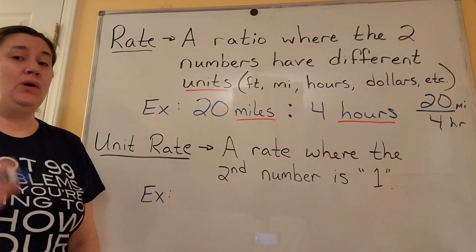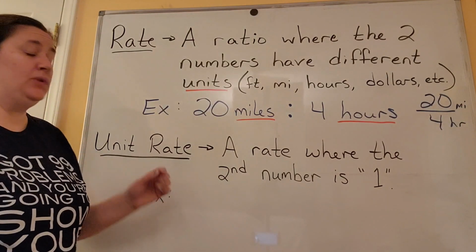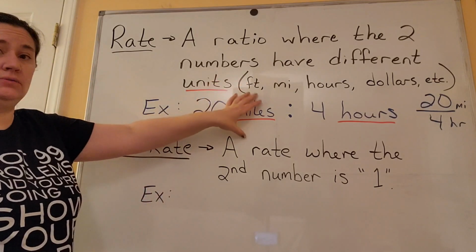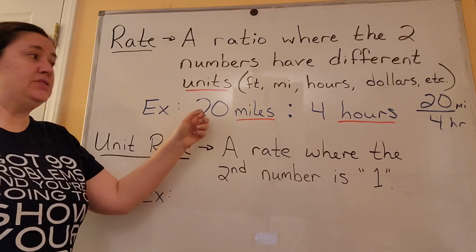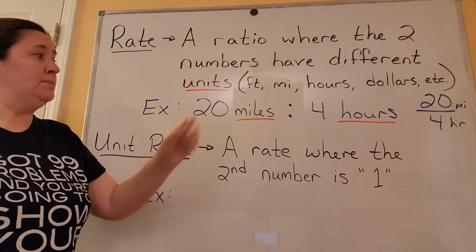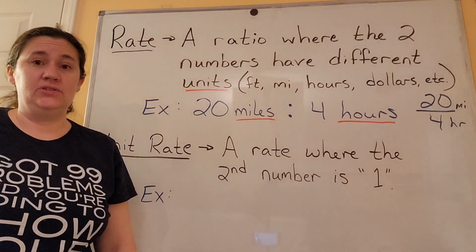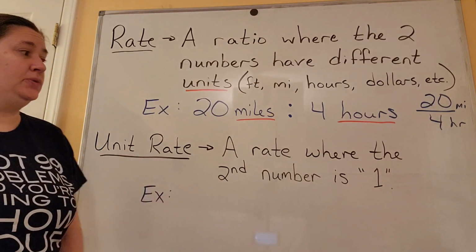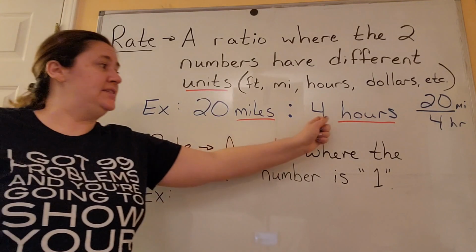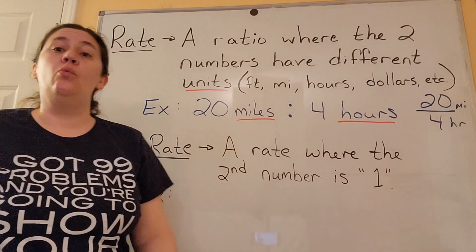So what we'll be doing in class today is turning regular rates into unit rates. Let's use this as an example, this 20 miles in 4 hours. If that is our rate, then to turn that into a unit rate, we need to make this second number be a 1.